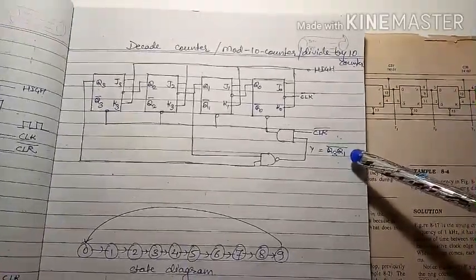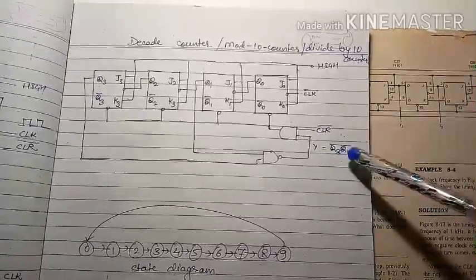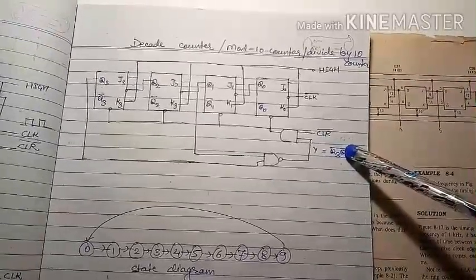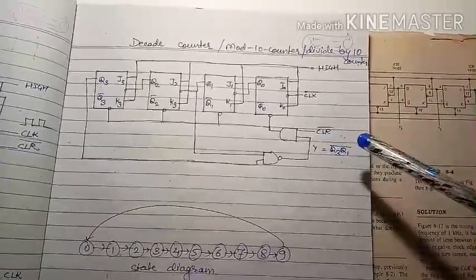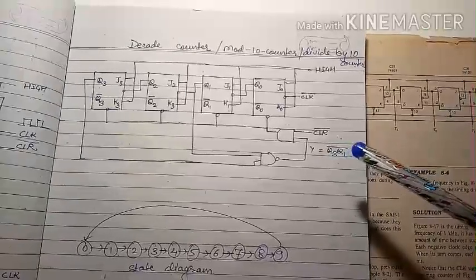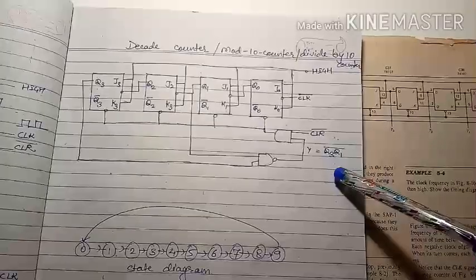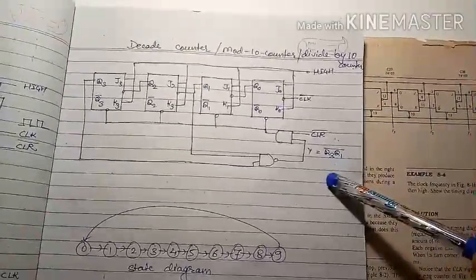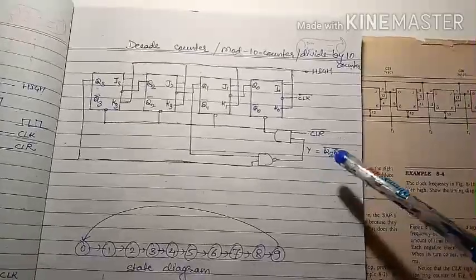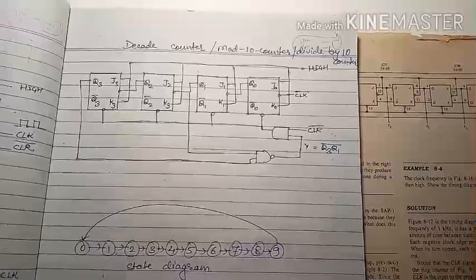The output of the NAND gate is Y equal to the complement of Q3 and Q1. This output is high for the first 9 states, that is from 0000 to 1001, and nothing unusual happens when the circuit is counting from 0 to 9. On the 10th clock pulse, however, Q equals 1010.